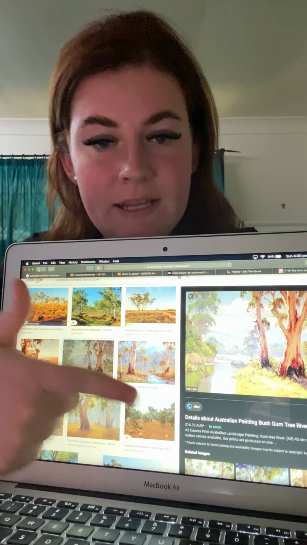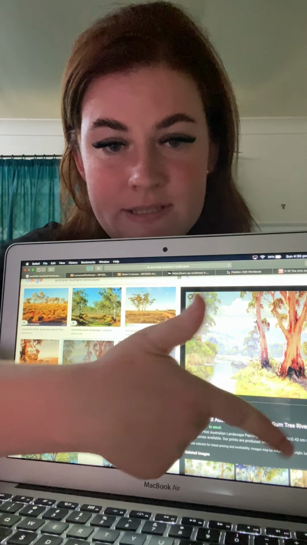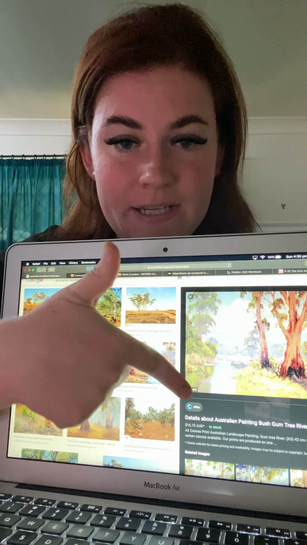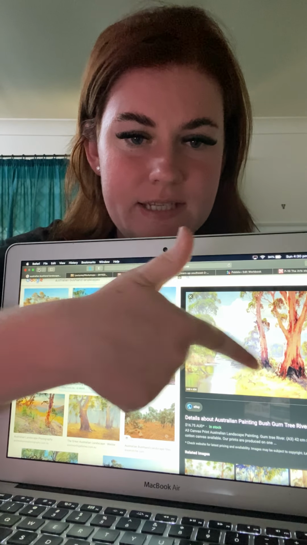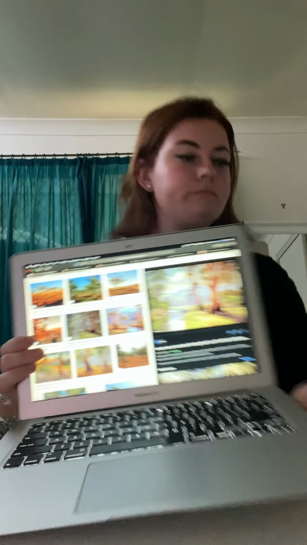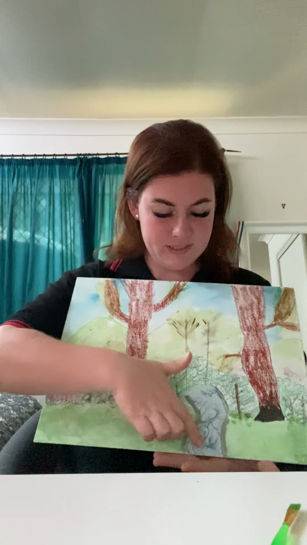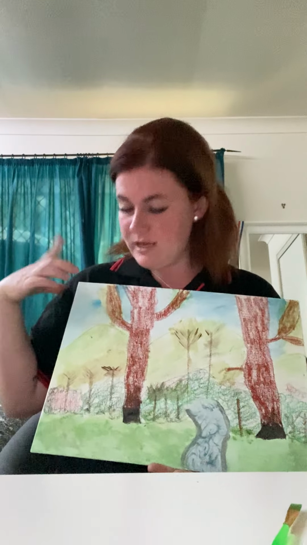You can see that it has some waterways, two big trees and some trees, and some mountains over here. So that's what it means by reference picture. Mine has similar features: the waterway, the two big trees and the mountains.